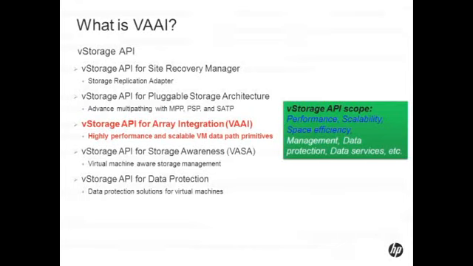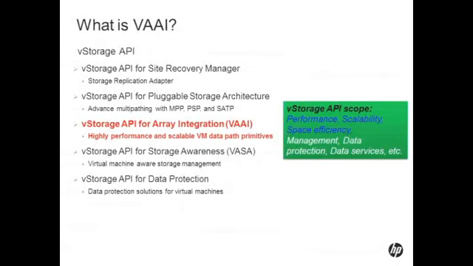The next one is API for pluggable storage architecture, which HP fully supports. The PSA is our native multipathing. There are components within PSA you're familiar with, the multipath, which we provide and is natively loaded when you load ESX. PSP stands for Path Selection Plugin. It's something that VMware develops.